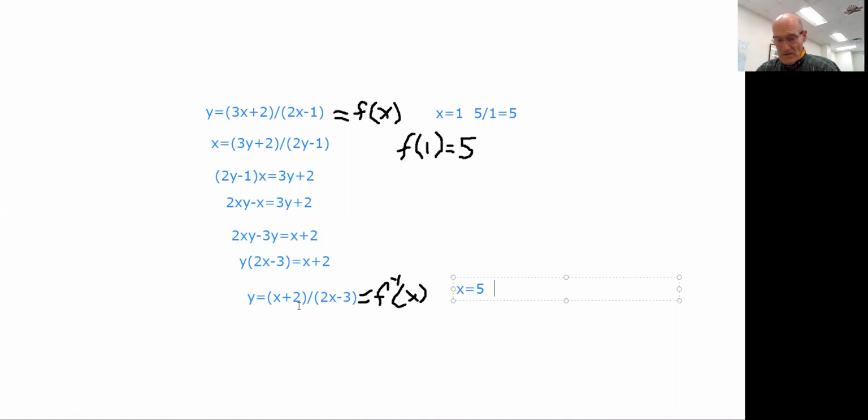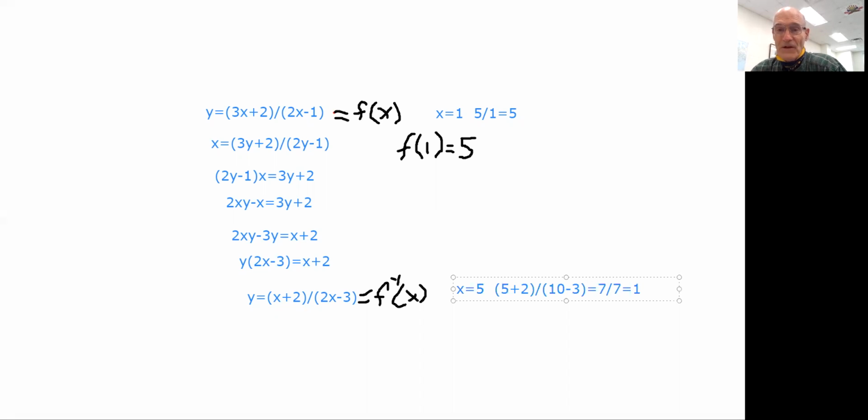So we get 7 on the top, divided by twice 5 is 10. So 10 minus 3 on the bottom, and that equals 7 divided by 7, which is 1.